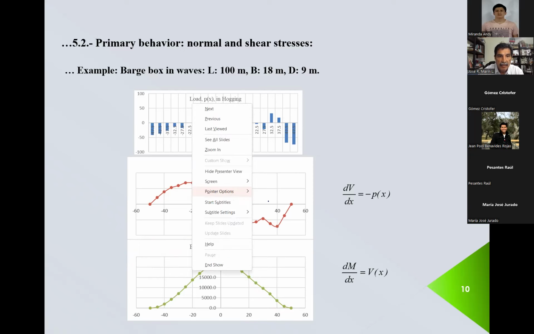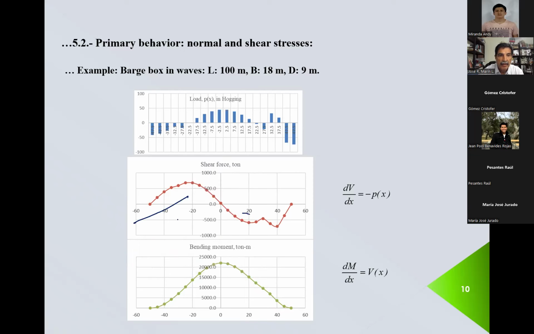This area and this area are the same. So if you integrate from here to here, this is the maximum, for the area around midship.